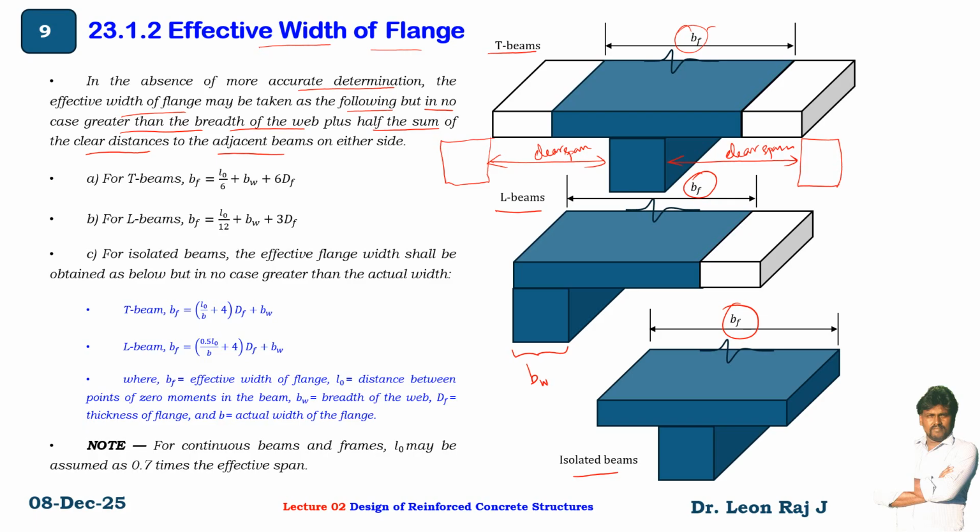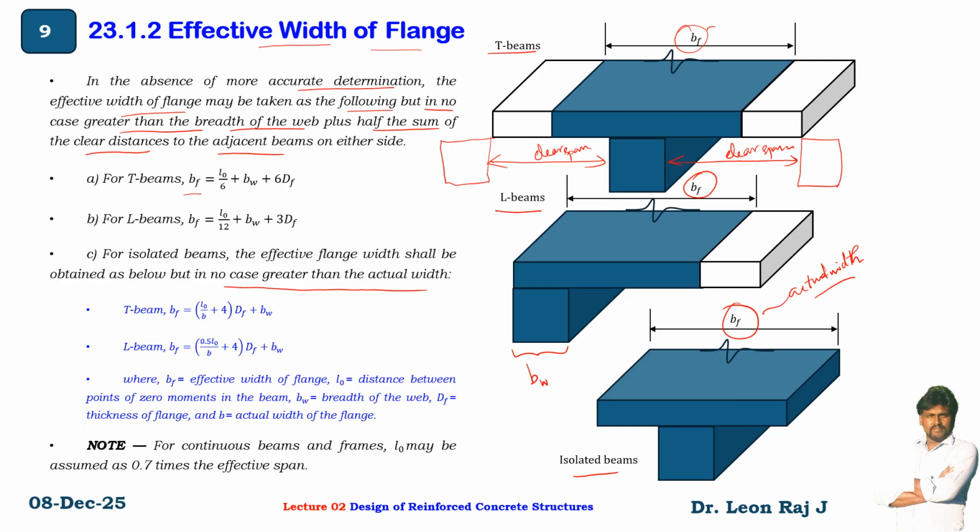In case of isolated beams, BF in no case can be greater than its actual width. For T-beams, the breadth of the flange is equal to L0 by 6 plus BW plus 6 DF. For L-beams, L0 by 12 plus BW plus 3 DF.